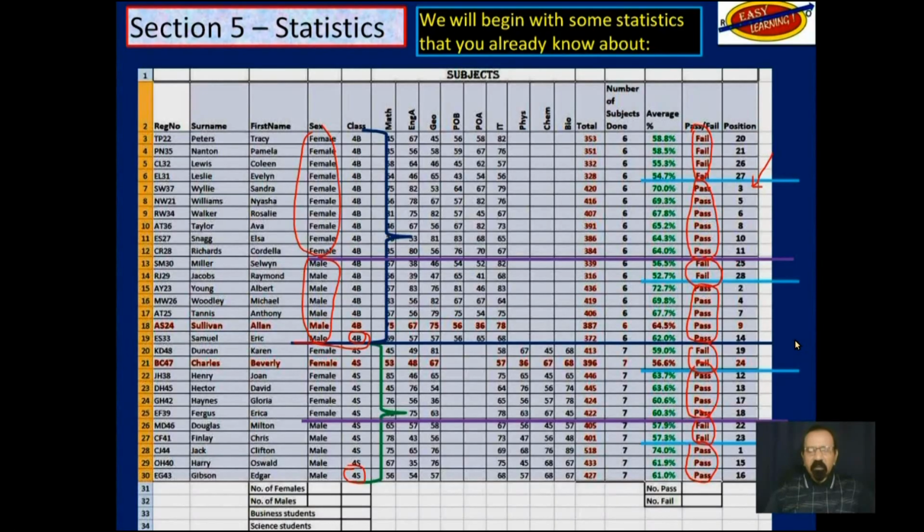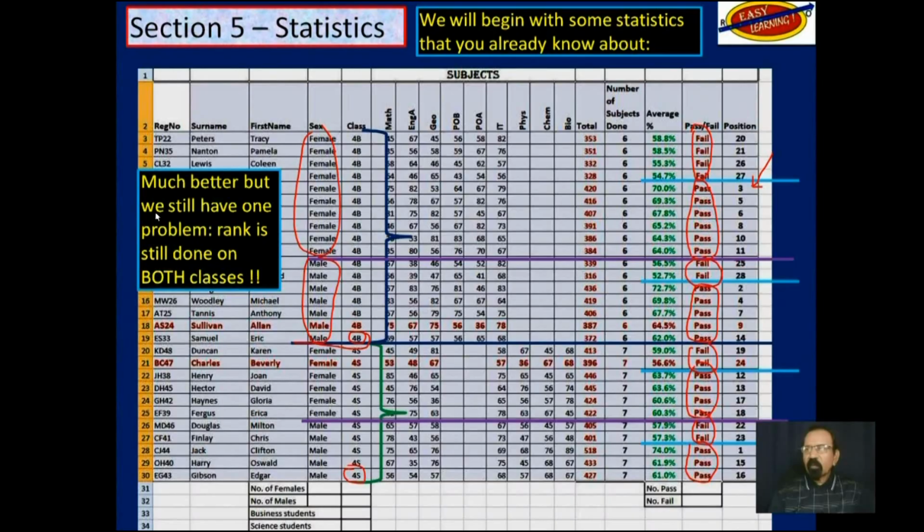So we are able to do that, but we still have a problem. It's much better, but we still have one problem. And the problem is everybody is ranked together in one class. We have to separate out that ranking in business and science.